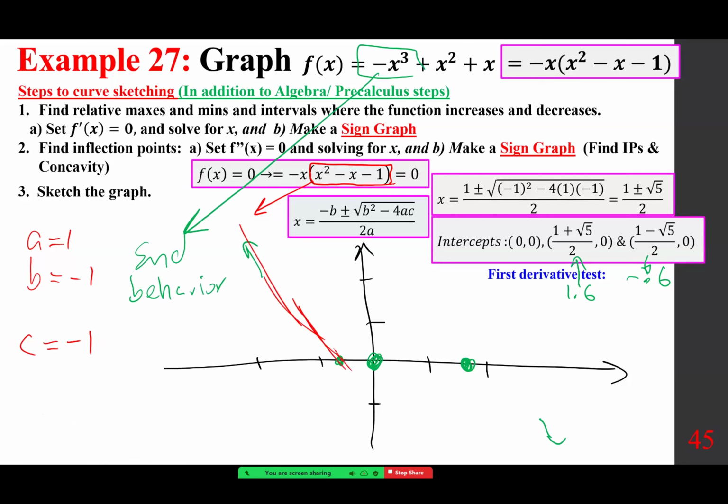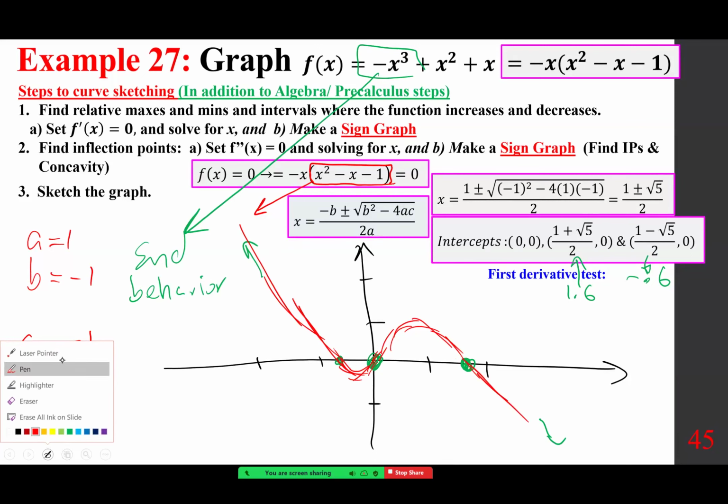I hit this x-intercept, I have to come back up at some point. I hit the other x-intercept, I have to come back down at that point. And in all of these three cases, the graph crosses the x-axis because each one has a multiplicity 1. This one, multiplicity 1, multiplicity 1, multiplicity 1. And so this is a rough sketch using prior knowledge of mathematics.